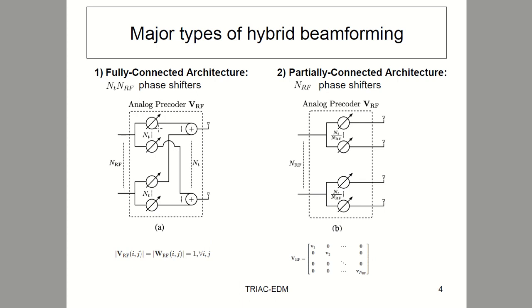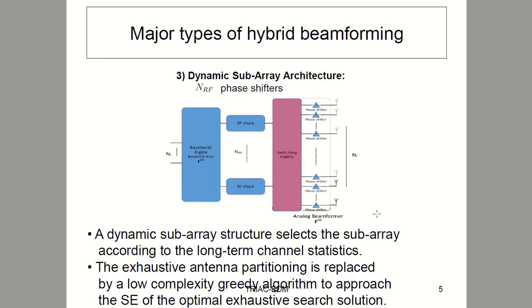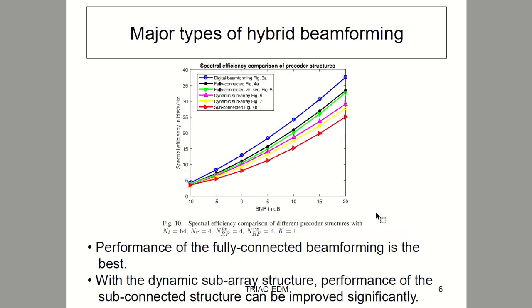But the partially connected one has the advantage of simplicity. It's simpler than this. As you can see, the matrix is diagonal and simpler. Okay, so let's continue on.